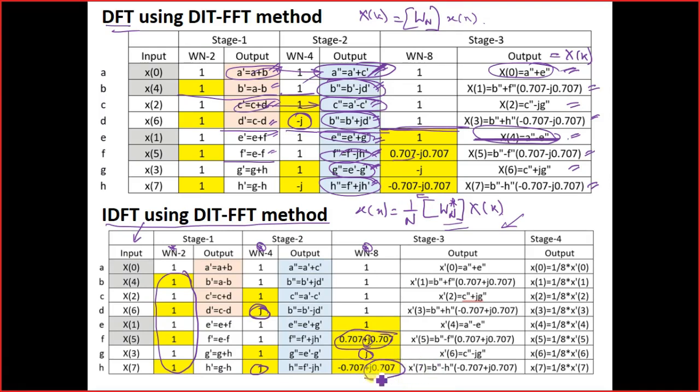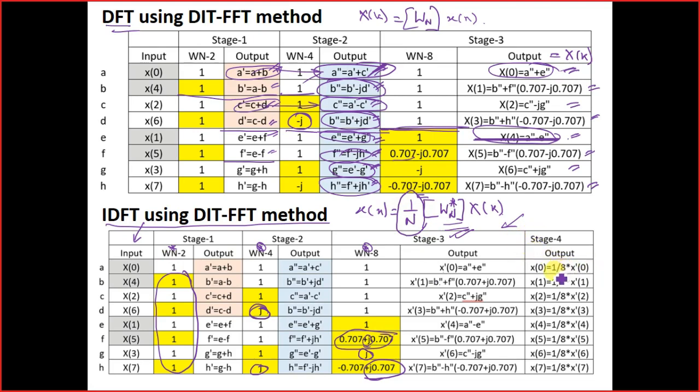Okay. Now, even after doing this, when you get to the output of the stage 3, see, I have written x dash 0, x dash 1. Why? Because it is not the final output. What is the final output? How will we get the final output? We will get the final output by multiplying it with 1 by N. And in this case, we are performing 8-point DFT.